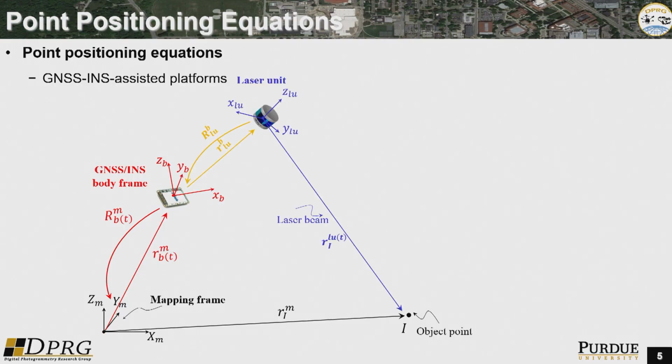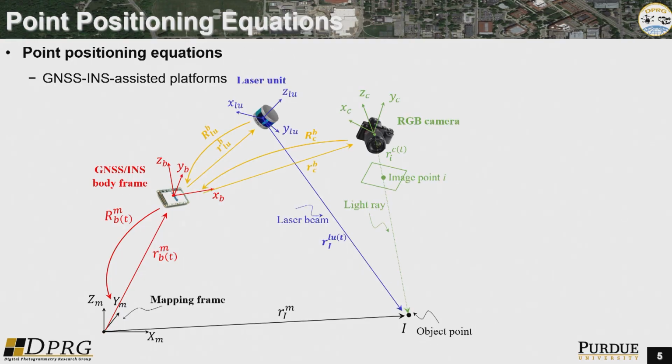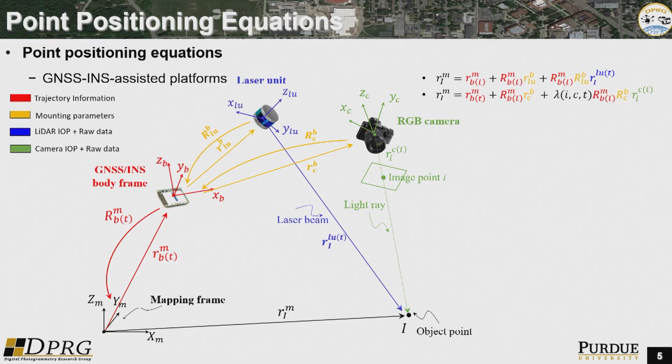Then you have your suite of sensors, whether it's LiDAR or cameras, RGB, hyperspectral, multispectral, and it's a very, very simple equation. It's simply a vector summation procedure. I'm not really going to go through the details of the equation, but the most important thing is the categories of the elements we have in it.